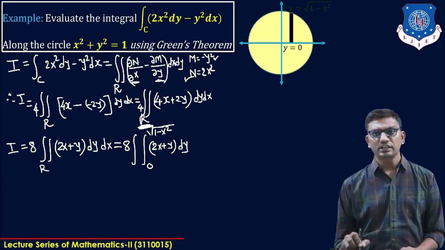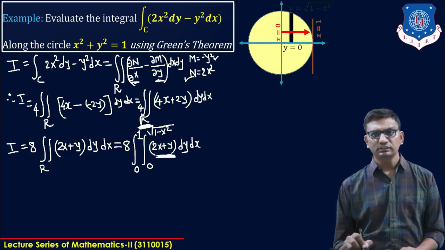Y is the first integration and the second integration is from x equal to 0 to x equal to 1, dx. So finally this is our integration, and now we evaluate it by the method of double integration.